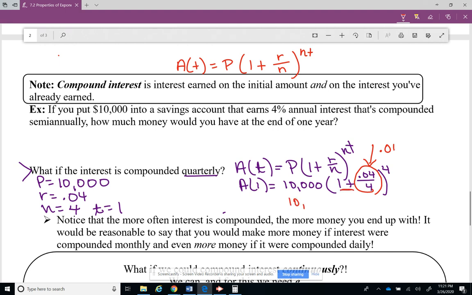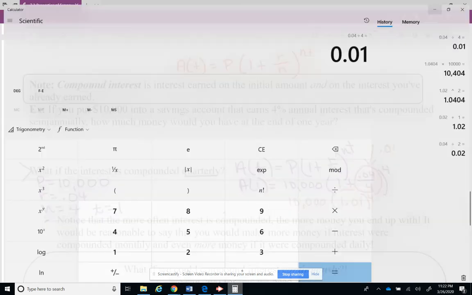So it's going to be 10,000 times 1.01 to the 4. Now I like to do my exponents first because that's PEMDAS. Please excuse my dear Aunt Sally, Susie, whoever she is, because I know for sure it's going to be right. So we're not just going to write it all in exactly the way we see it. So I'm going to take the 1.01. I'm going to make sure that's in my calculator.